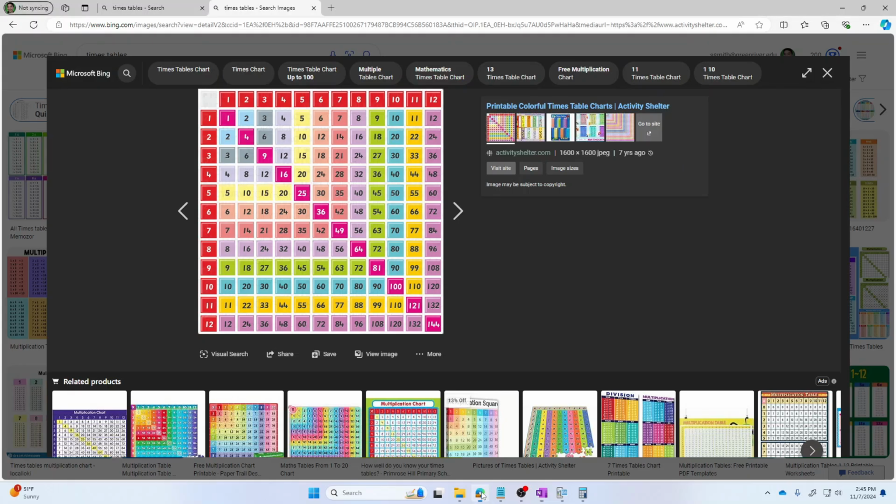Now, the times table is really nice when you are interested in multiples because the times table lays out a bunch of multiples of numbers. For example, in the row labeled 7, you can see a ton of multiples of 7. 7 times 1, 7 times 2, 7 times 3, and so on.